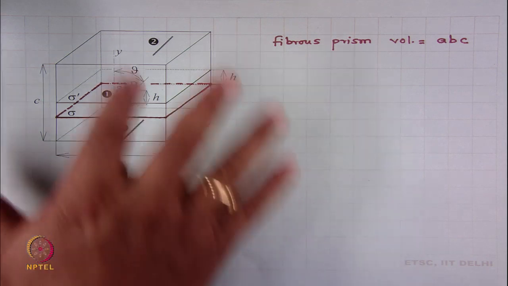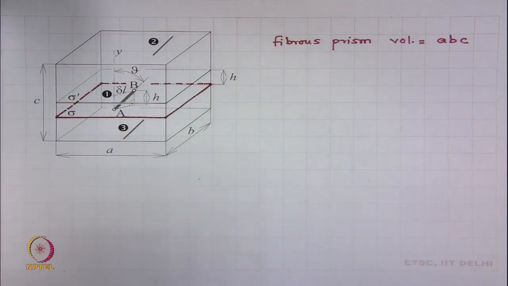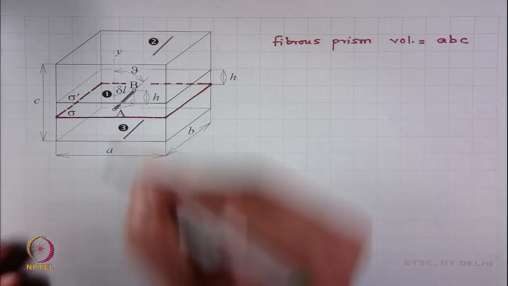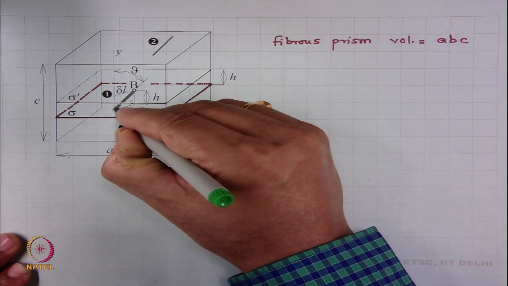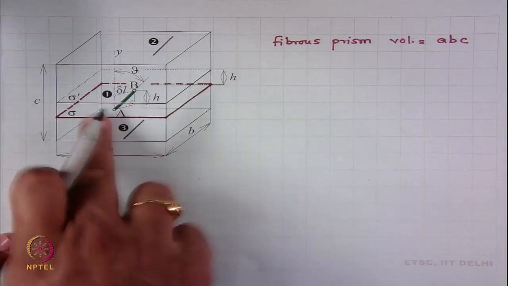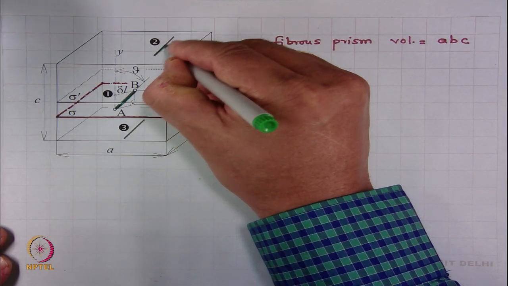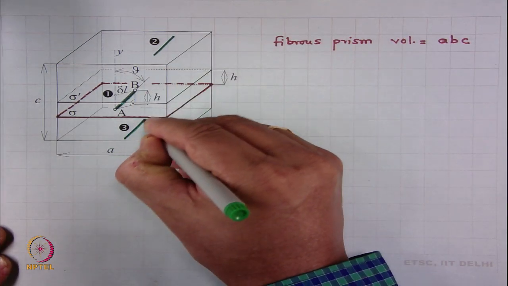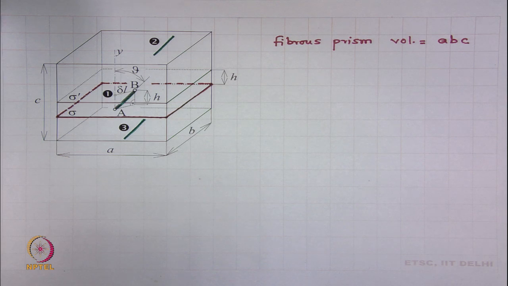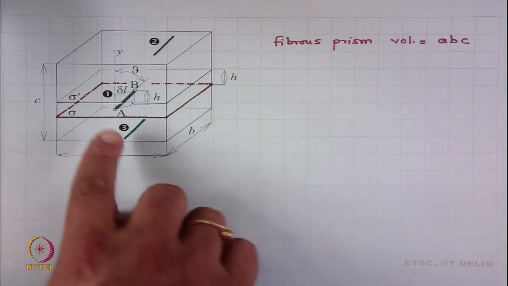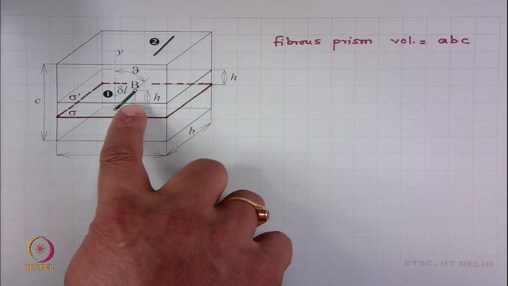In this fibrous prism, there are many fiber segments. For example, this is one fiber segment, its name is 1. Also there are many fiber segments, number 2, number 3 and so on. Now, let us think about number 1 fiber segment.